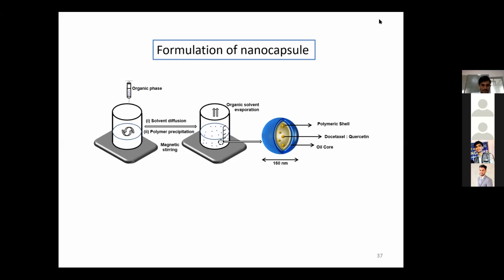Will you please tell how to increase the delivery of a given drug to a specific target site or targeting ligands? How to improve targeting of nanoparticles? For that, we have to select a particular ligand, and this ligand is overexpressed in a particular cancer.